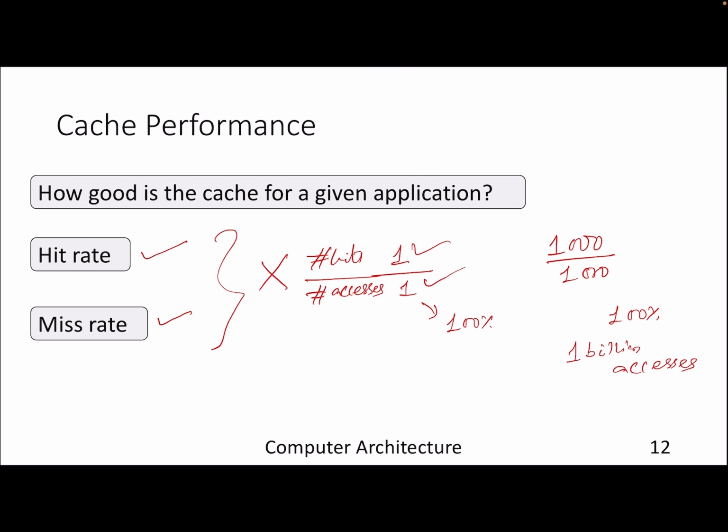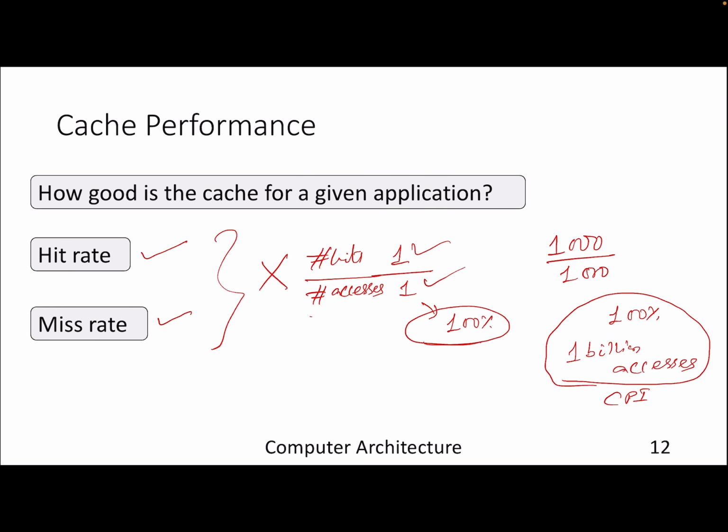But if you look at it from the IPC or the CPI point of view, the utility of a 100% hit rate in this condition will be almost negligible. However, if you look into a cache where 1 billion accesses are getting a 100% hit rate, this will affect your CPI significantly, right?